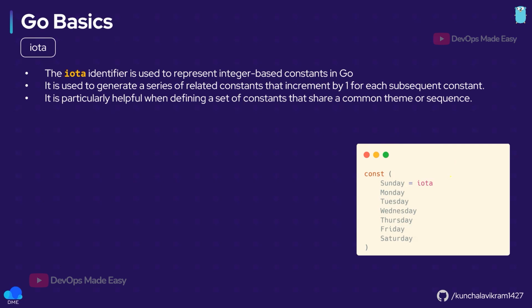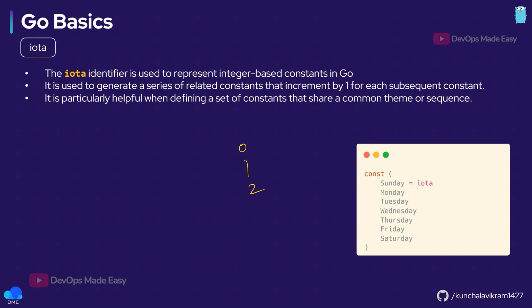What is the meaning of an integer constant? If I set Sunday to iota, iota always starts from 0, and then it will auto increment, which means if Sunday is set to 0, Monday will be 1, Tuesday will be 2. It will be automatically incremented by 1. This is really helpful when you're defining a group of constants that have a common sequence.